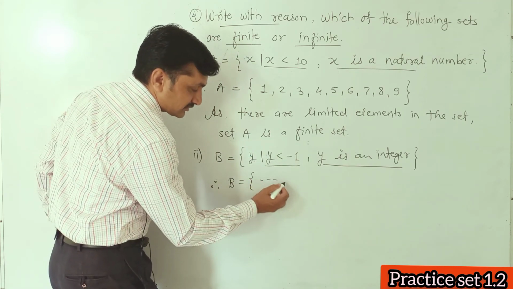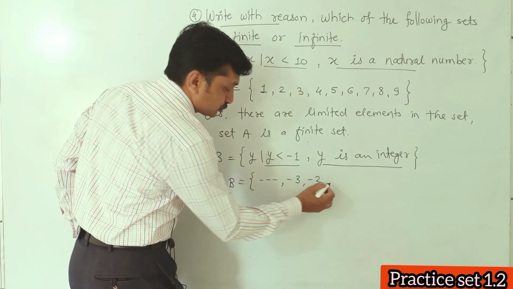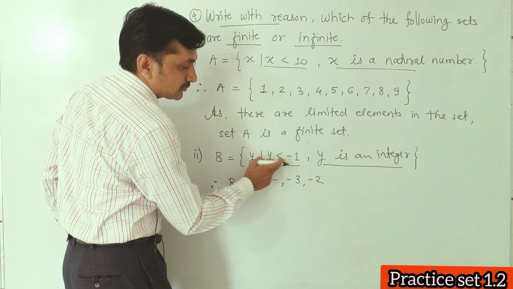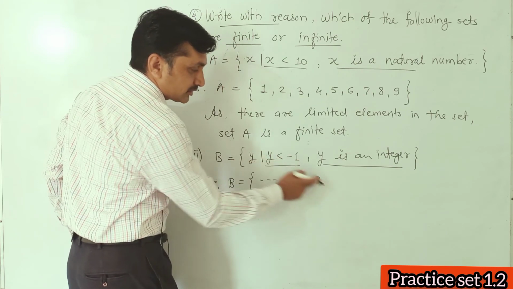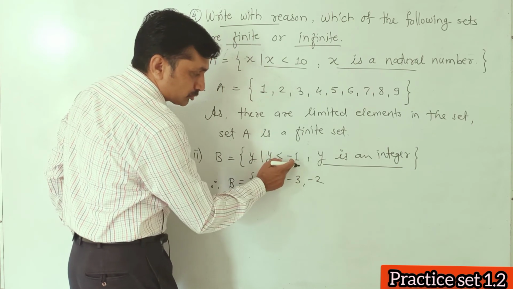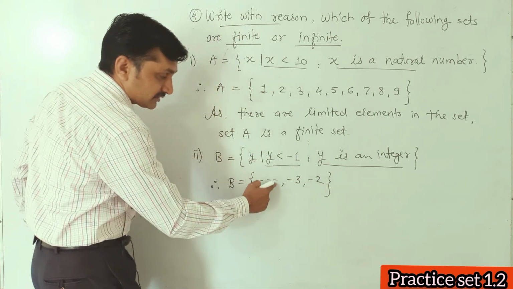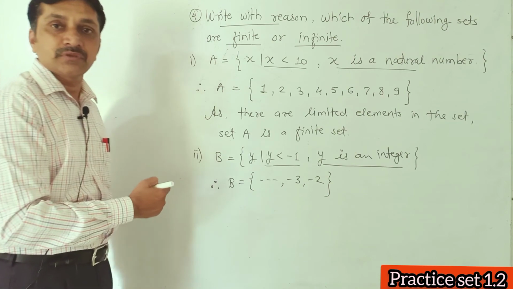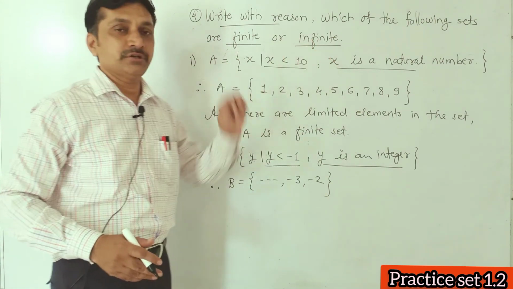Here I write minus 3, minus 2. We want less than minus 1, that's why minus 1 will not come here. If it were equal, then it would come. So it stops here, but they are infinite to the left side. They are uncountable to the left side. Therefore this type is infinite.